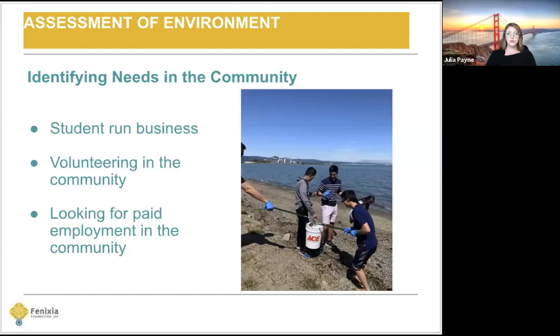So starting with things that they might be able to do already at home, like maybe a laundry service or selling produce from their garden, eggs from any chickens that they own, babysitting services, cleaning, cooking, selling food that they've made. So goods or services that those students are able to do and provide, and then turning it into something that can generate income.